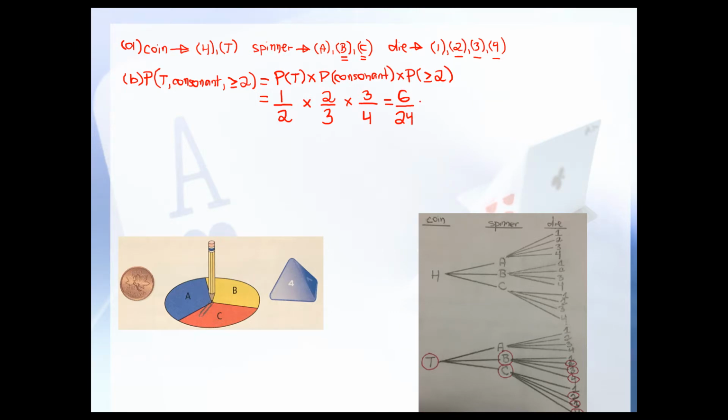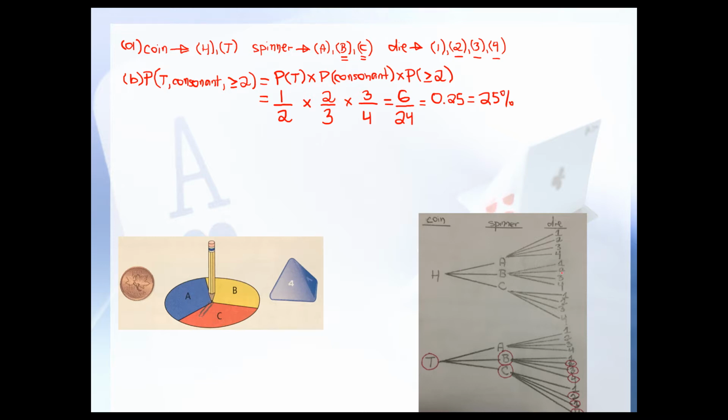So we have 6 over 24. If we calculate this, this would be equal to 0.25. Turn it into a percentage, and it would be 25%. Now, we did all of that without drawing this horrible tree diagram here. So the multiplication method is useful in avoiding the tedium of constructing these tables and tree diagrams.